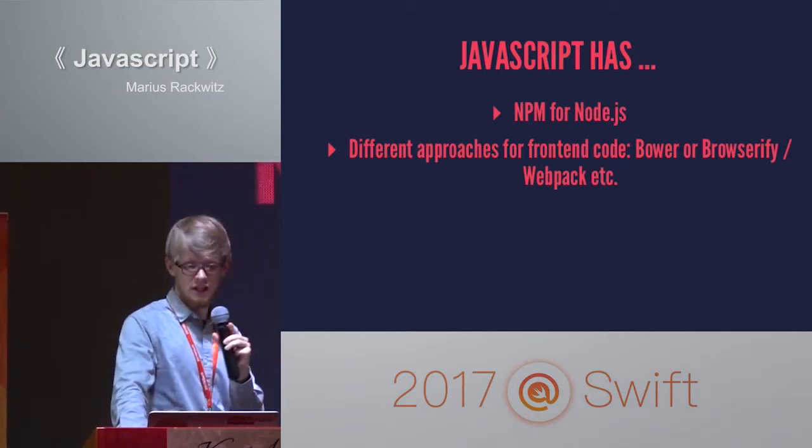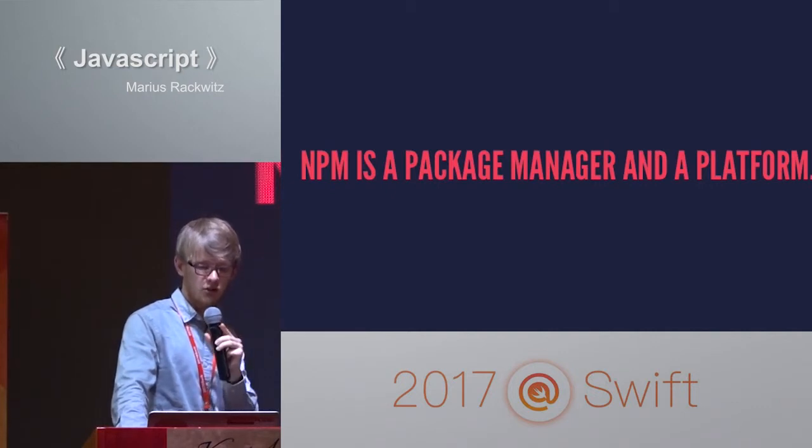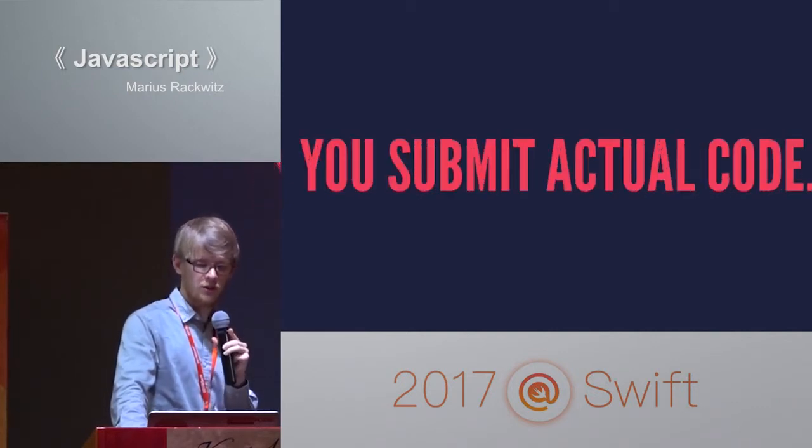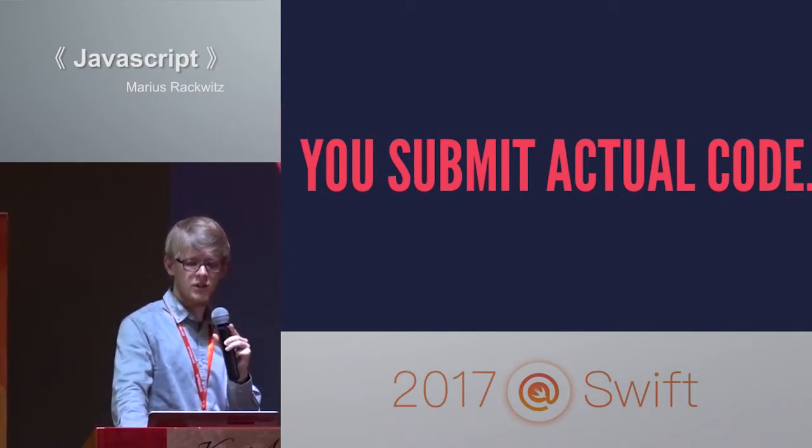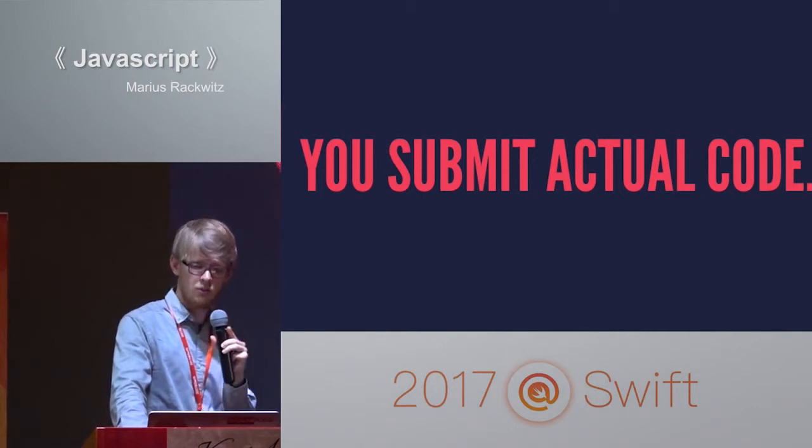Important here is NPM is a package manager and a platform where you submit actual code. If you're used to other environments, I have seen Ruby a lot for CocoaPods, which is written in that language. That seems to be very similar to me to how Ruby gems work.